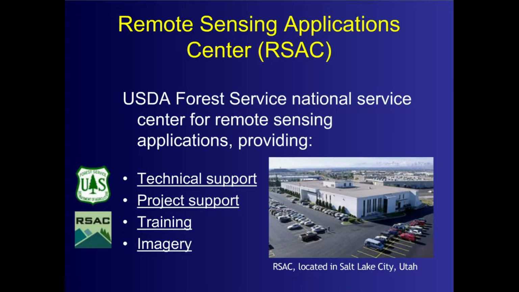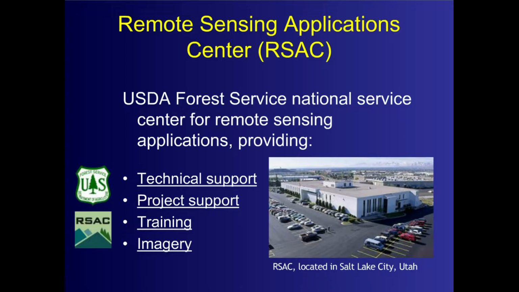So, the Remote Sensing Application Center: we are a detached Washington office of the Forest Service, which gives us national jurisdiction as opposed to the normal Forest Service units. We're tasked with developing and testing new remote sensing and geospatial technologies that come online, and trying to create methods to use these technologies operationally in the Forest Service.